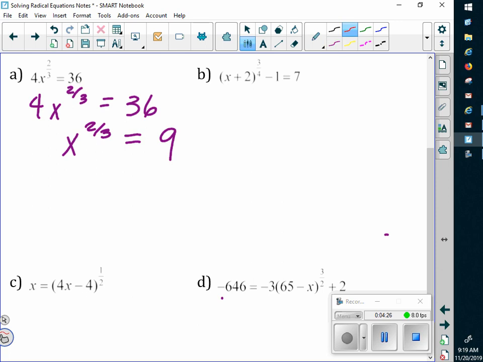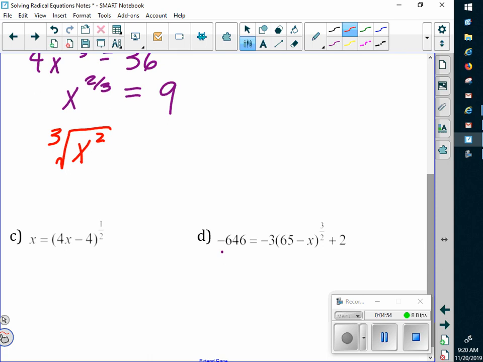If we rewrite this as the cube root of x, the cube root of x squared... If I write that like this, you know what? I don't think that's the best way to do this problem. Let me show you something. Let's just say whoever wrote those, we're going to do it a little different.